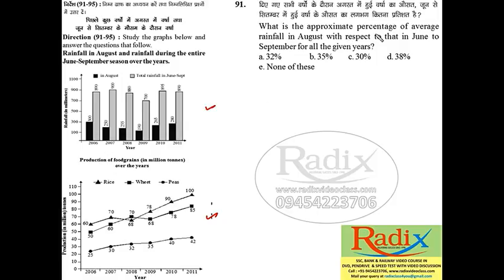What is the approximate percentage of average rainfall in August with respect to that in June to September for all the given years? Now this is a very important question. In this case we will calculate the approximate percentage of average.